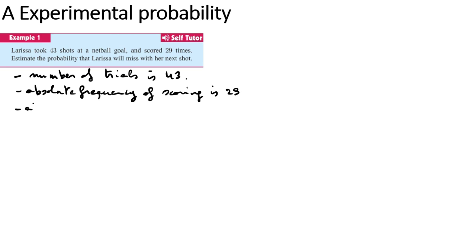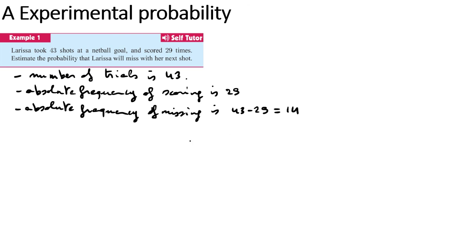So the absolute frequency of missing is 43 minus 29, which is equal to 14.